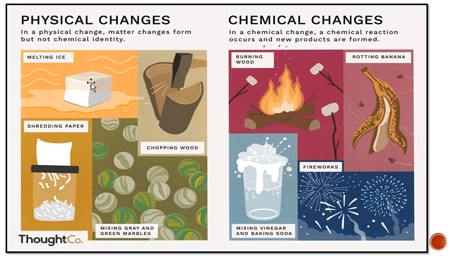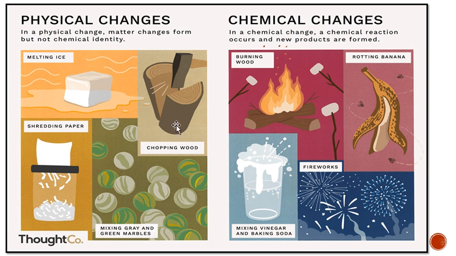So examples of physical changes: we have melting ice. The ice melts, it transfers from a solid state into a liquid state, but the composition is still the same. It is still water.